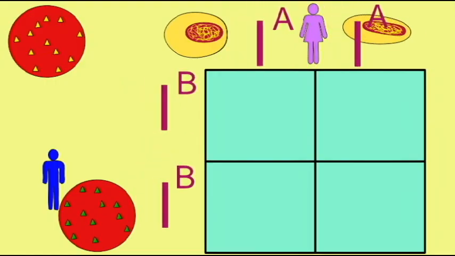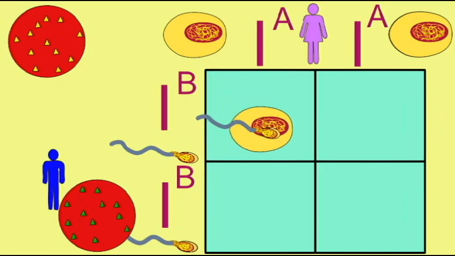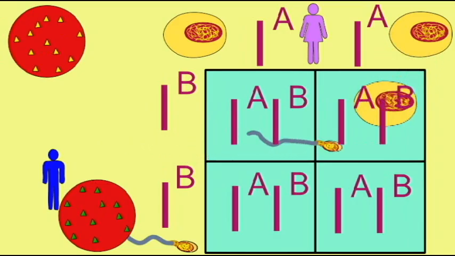If a child receives instructions from one parent to synthesize A glycoproteins for their red blood cells, here represented by yellow triangles, and the same child receives instructions from the other parent to synthesize B glycoproteins, here represented with green triangles, on their red blood cells, then they will make both the A and the B glycoproteins. And so as far as their phenotype is concerned, they will be both A and B.